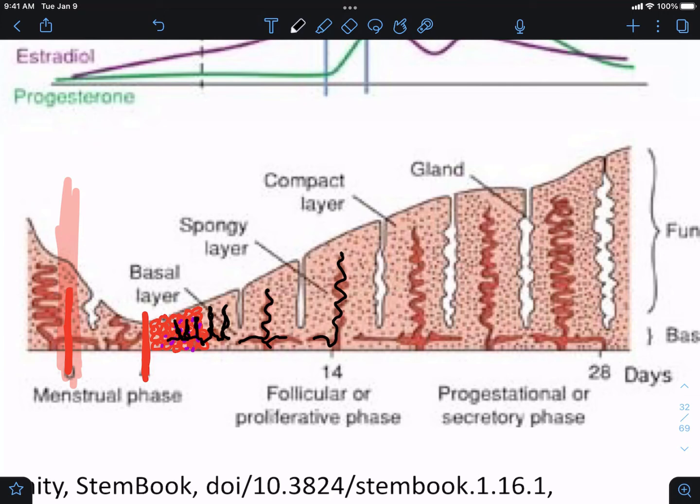Now, the layer of the endometrial cells is quite spongy, and it will continue to develop and thicken.